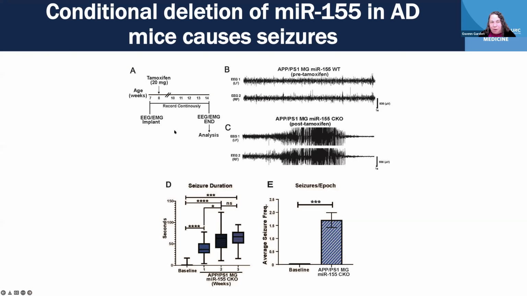But what we saw was when we gave tamoxifen and we recorded with the electrodes that were surgically implanted in the mice, there is some hyperexcitability in this line at baseline, but after we gave the tamoxifen and removed miR-155, we saw frank spontaneous seizures.